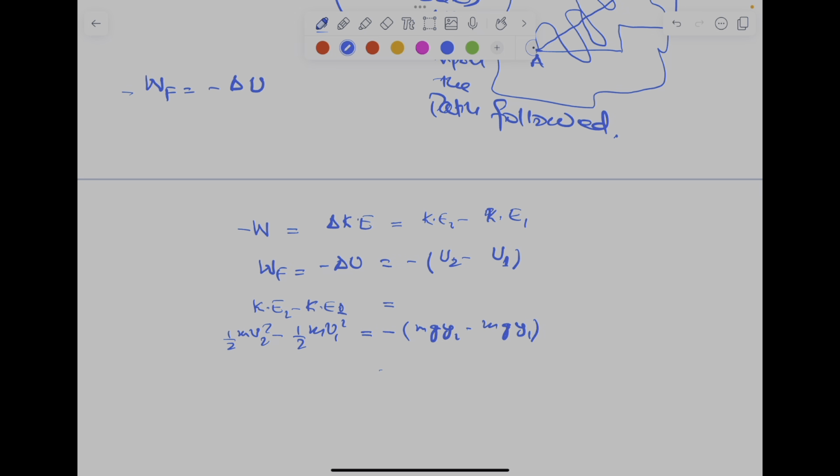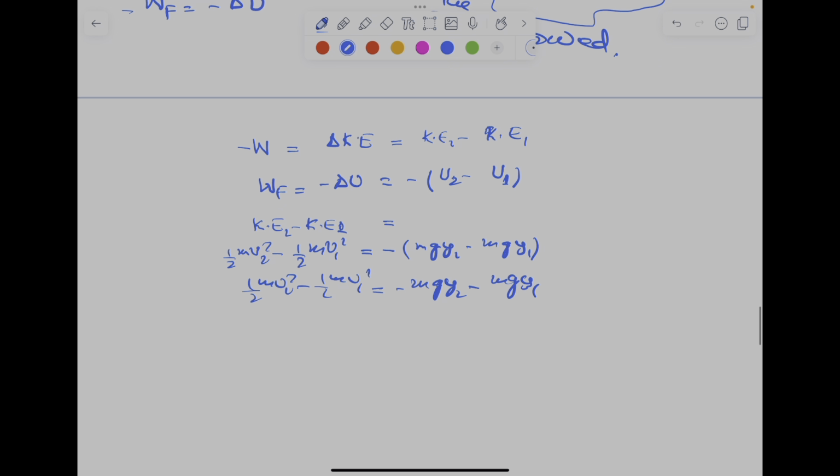So we take this 2 over here and this over here, so we get 1/2 mv2 squared plus mg y2 equals 1/2 mv1 squared plus mg y1, because minus will give you plus.